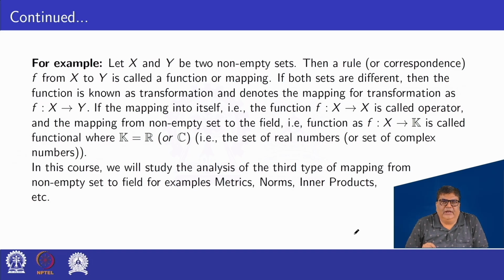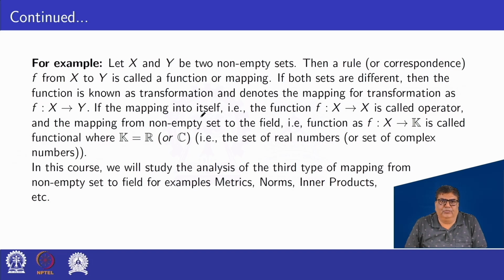Then a rule f from X to Y is called a function or mapping. If both sets are different, then the function is known as a transformation, and we denote the mapping for transformation as f such that X to Y.